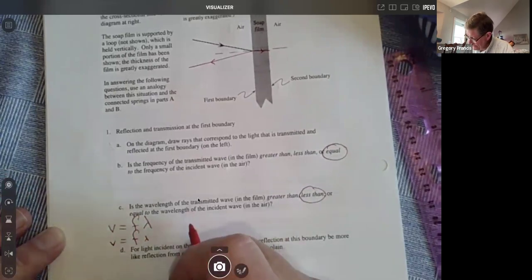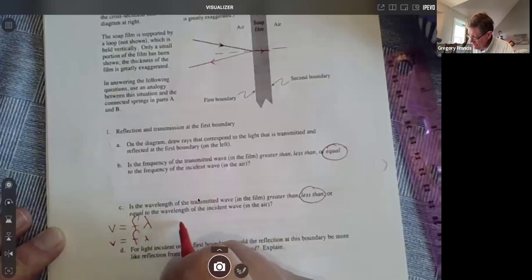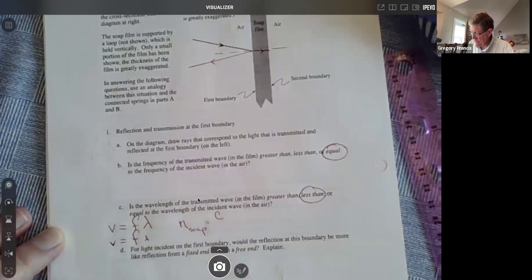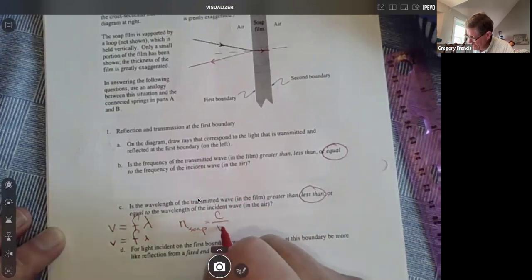Now we know that the index of refraction of the soap is equal to the speed of light in air, well, vacuum actually, but also air, divided by the speed in the soap.